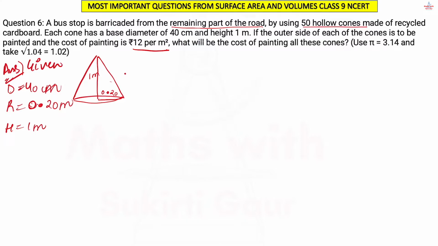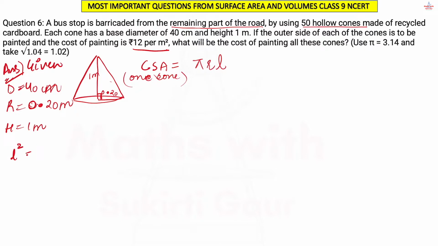Like we need to paint the curved surface area, we are going to find the curved surface area of one hollow cone here, right? What we are going to do? Put the formula pi r L. Can you tell me that we have been provided with the perpendicular height? Can you see here? But not the slant height. And here in the formula we want slant height. So we are going to calculate it. There is no option, right?